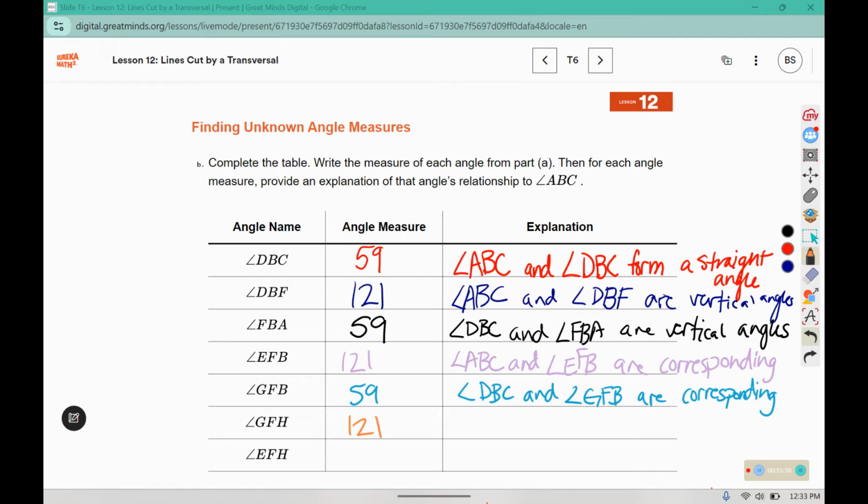GFH was 121, and that's because angle DBF and angle GFH are corresponding.